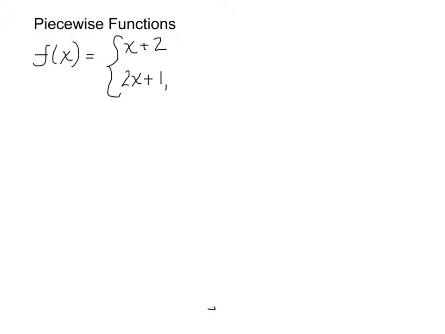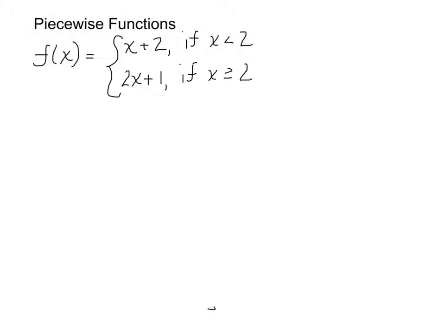And what happens is they restrict your domain, such as the first function is only for if x is less than 2. Now, it's not going to always be 2, but in this particular case it is. And it's the second function if x is greater than or equal to 2.